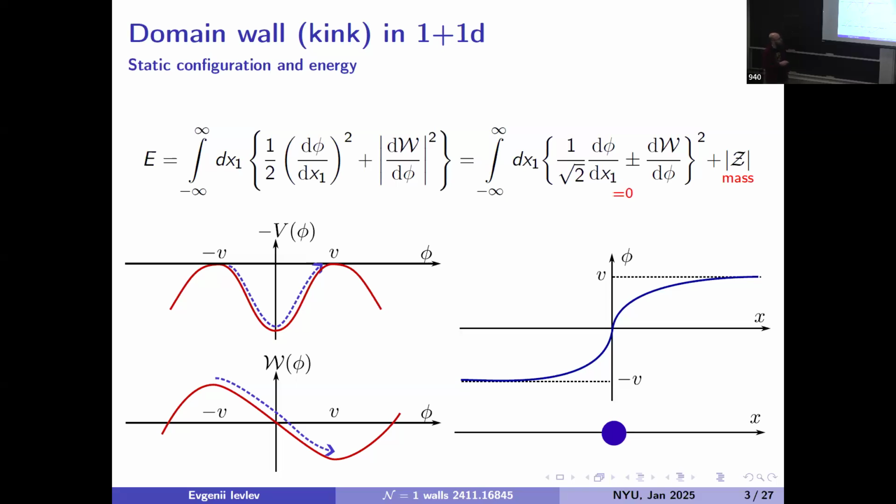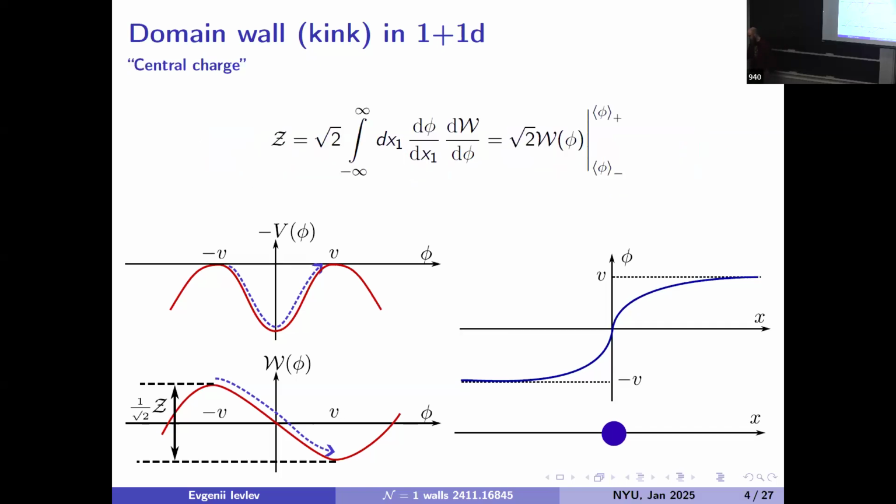To complete the square, you need to add this d phi over dx times dW over d phi, and this product can actually be integrated. This cross term, you can first contract dx over dx and do the integral over d phi, and then you can contract d phi with d phi and do the integral of W. So this can be explicitly integrated out.